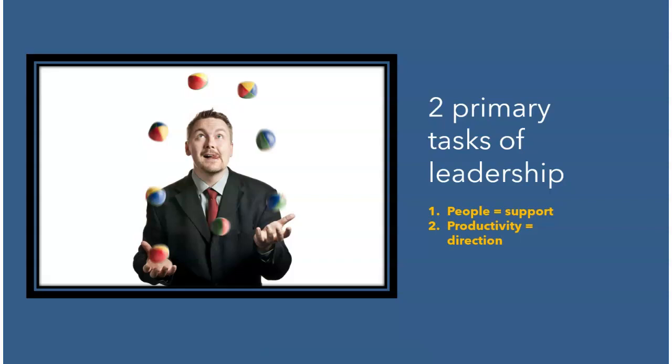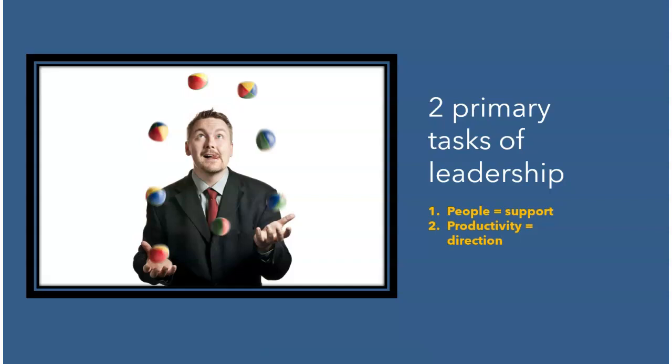Second then is productivity. What does productivity look like? This most oftentimes looks like direction. This might be a new hire going to training class and learning all the product knowledge to become competent in selling your goods or service. This might be giving someone specific directions: step one, we need to do this; step two, we need to do this. Or it might be correction, helping guide, redirect, get that employee back on track.